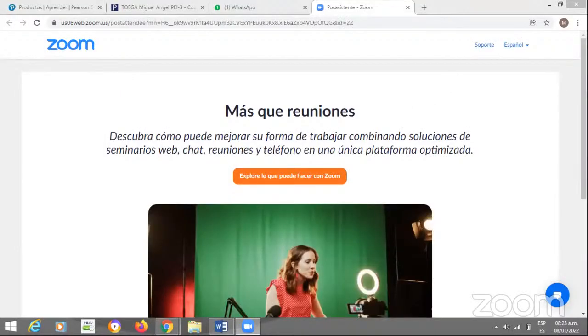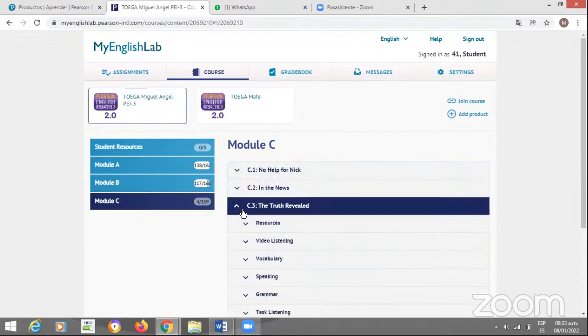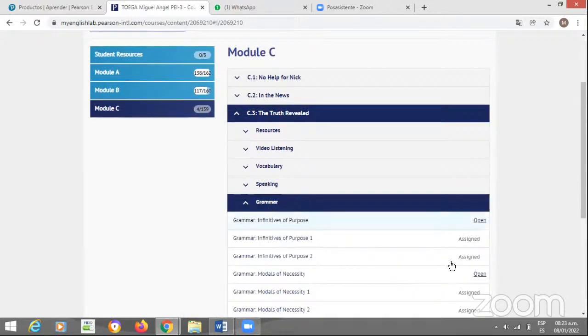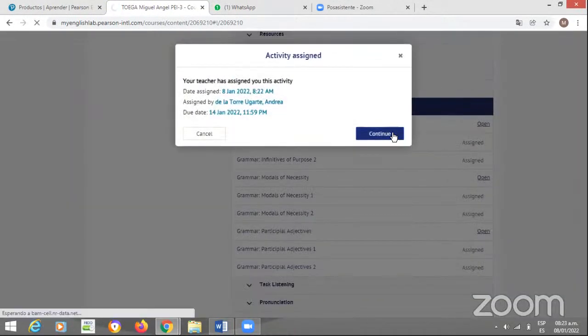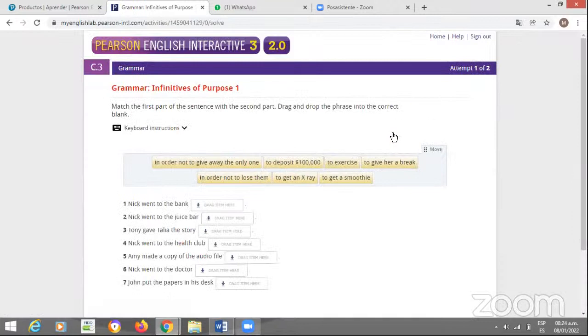Unit C. Yes, Unit C. And 3. Yes, grammar, and infinitive of purpose 1. Yes. Okay. So let's do it.